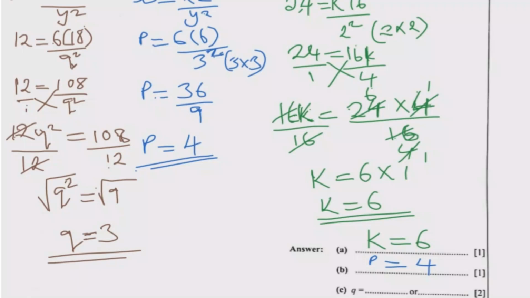It can be positive or negative, so let me also state that fact: it's not only 3, it can also be positive or negative 3. So my answer is positive 3 or negative 3. That is the value of q.